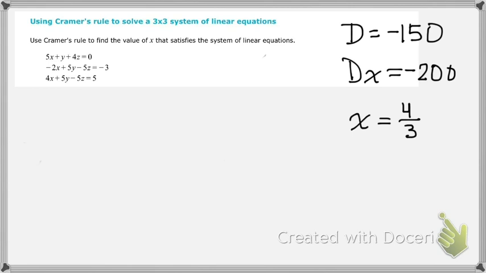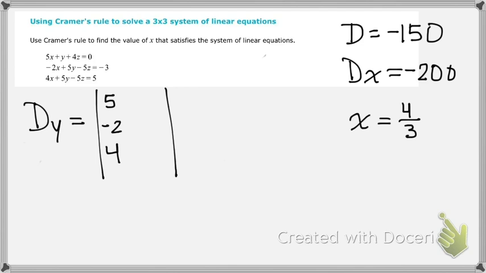And we already have D. It's going to be the same D. And I just need D sub Y. So D sub Y is going to be, and I'm going to set up this matrix. Here are my X's. And then my Y values I'm going to replace with the solution because I want to know what Y is. So I'm going to go 0, negative 3, 5. And then I'll have my Z values. 4, negative 5, negative 5.